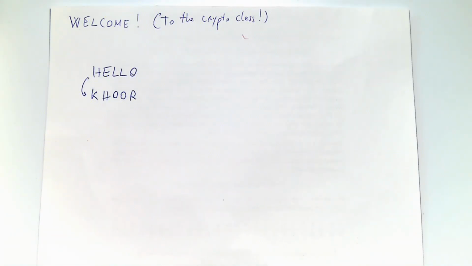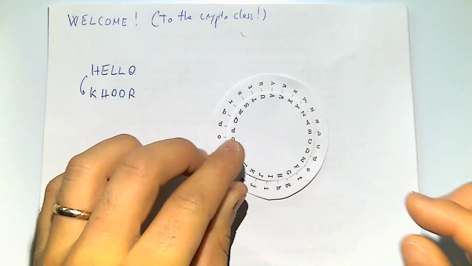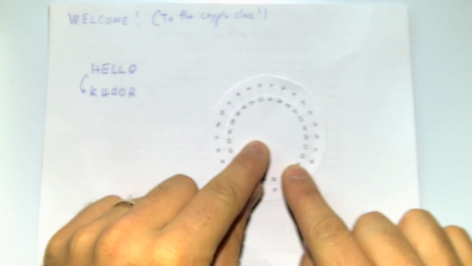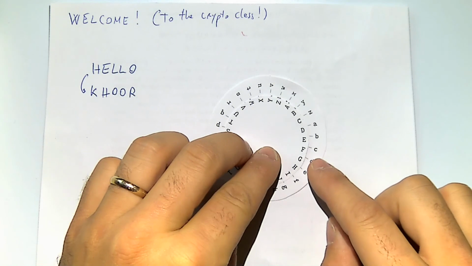It's often convenient to visualize these things. If you imagine that you have the English alphabet, you can put it on a wheel, and here I have a pretty tool. You can move things by, say, 3 up, like this.